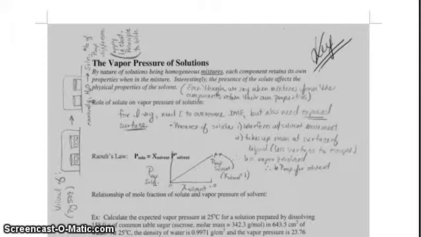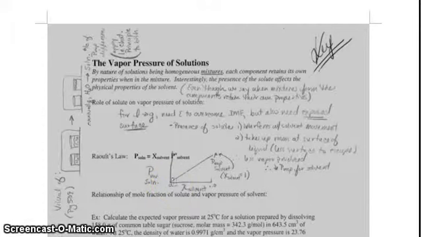So when we say the vapor pressure of the solution, we really mean the vapor pressure of the solvent. But as the mole fraction of the solvent decreases, meaning we have more and more solute present, the vapor pressure will continue to go down. So obviously, if we don't have any solvent there, if it's a non-volatile solute, there's no vapor pressure.